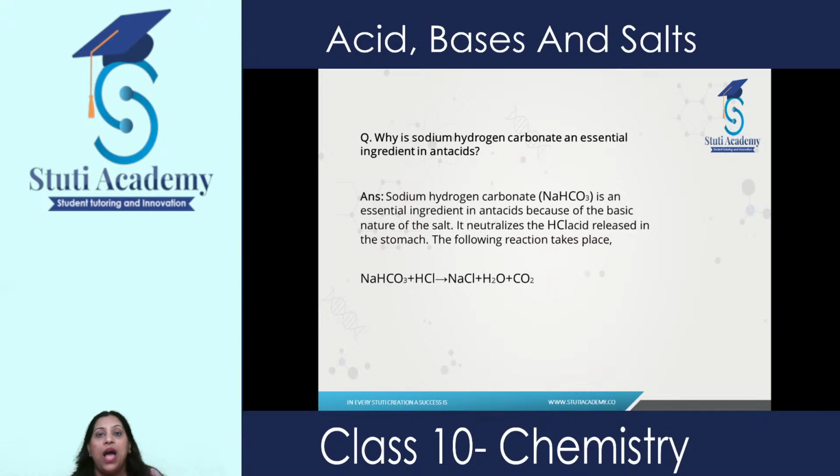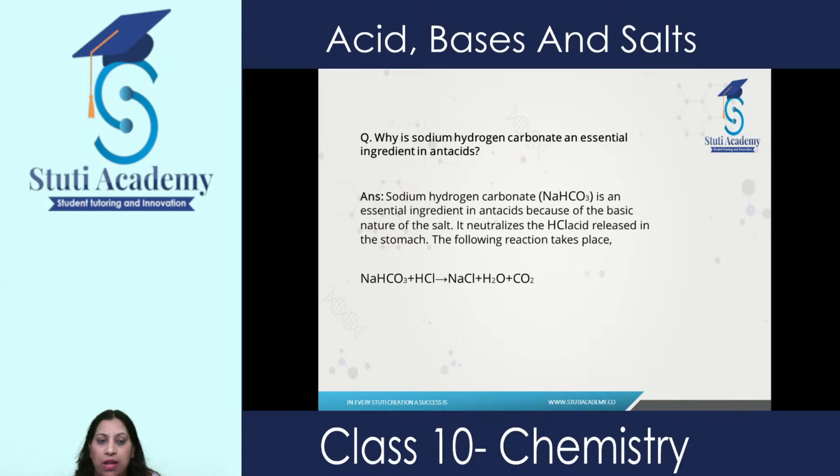The sodium hydrogen carbonate we use as an antacid because of its basic property. Because it's a basic type of salt in which strong base and weak acid is involved in its preparation. So it neutralizes the effect of HCl, which is produced in our stomach. That's why we use sodium hydrogen carbonate as a basic ingredient in antacids.